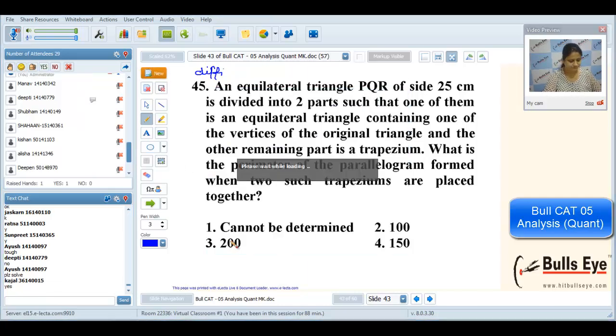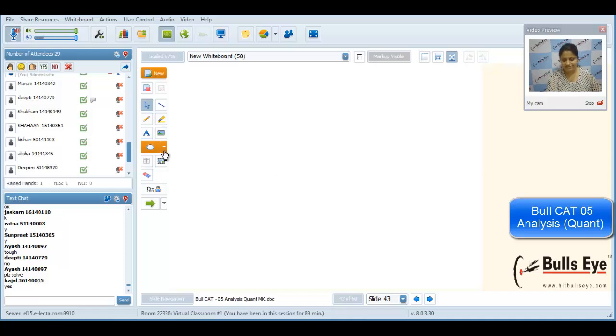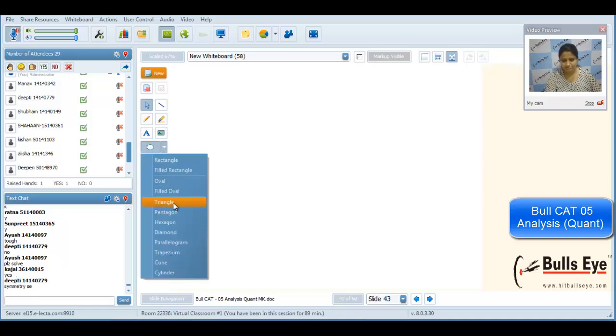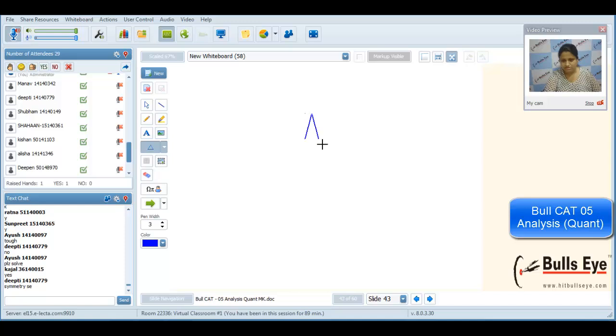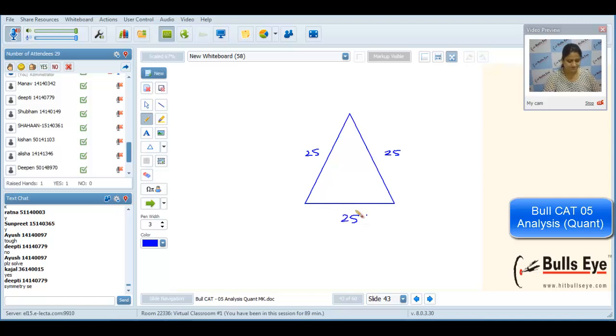See, an equilateral triangle that is made of side 25 centimeter. This is 25. Then a line is made such that there are two parts. One of them is a triangle, equilateral triangle only, and one is a trapezium.